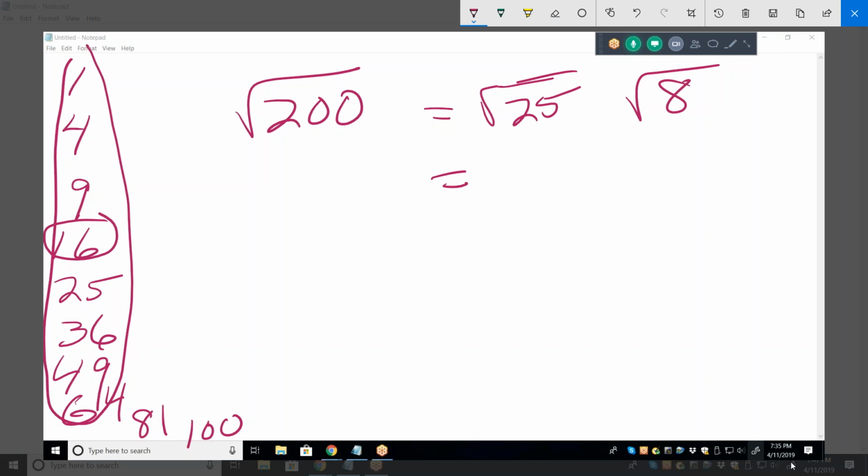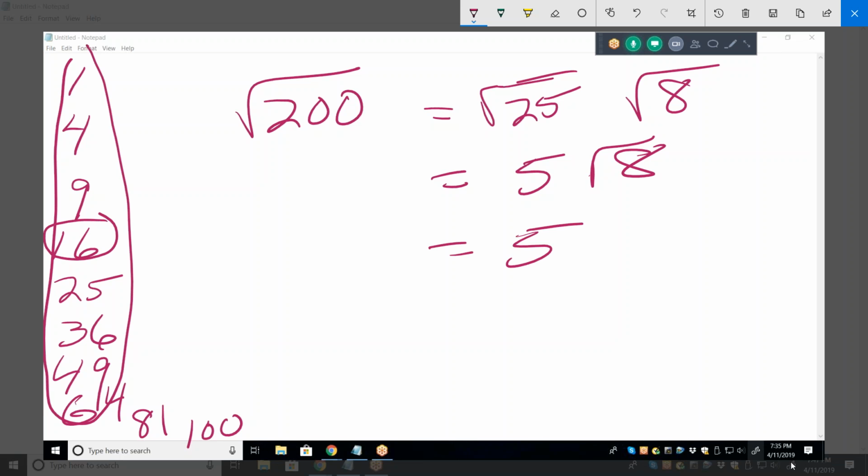What's that turn into? Go one step at a time. You don't need to jump straight to the final answer. In other words, what's the square root of 25? Square root of 25 is 5. Now, we know that root 8 is not simplified.